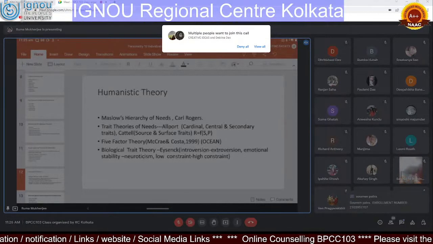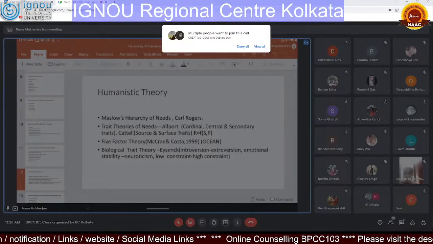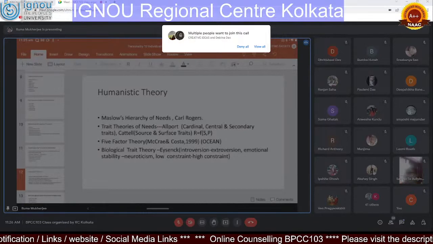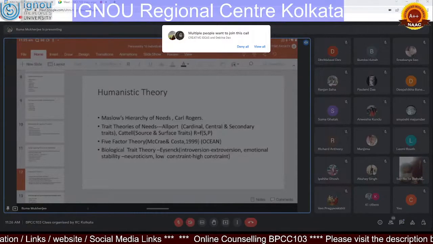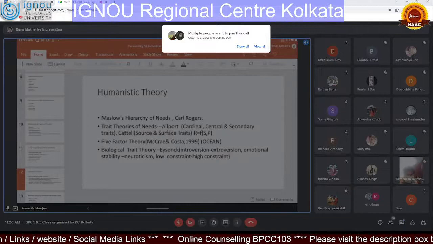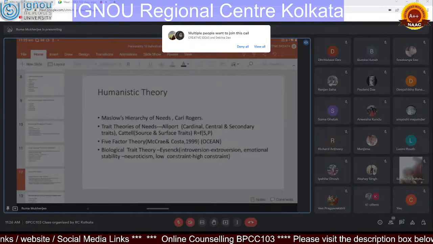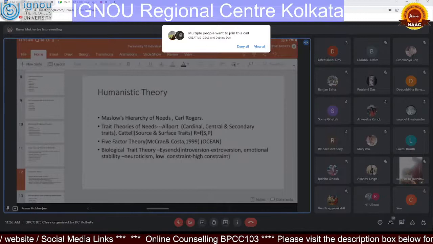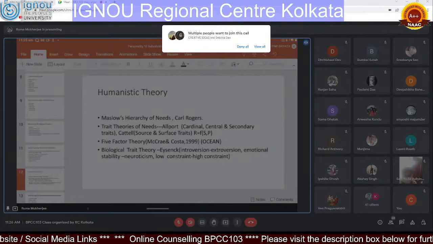So these are the neurotic, then emotionally stable, introversion and extroversion, beautifully described by Eysenck in his biological trait theory.